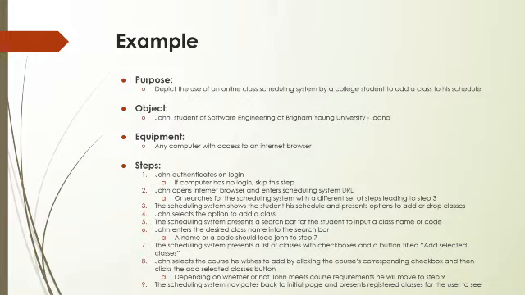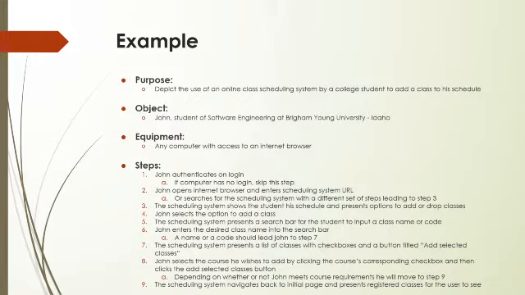The object, or focus of the scenario, will be John, a student of software engineering at Brigham Young University, Idaho. The required equipment for this scenario will be any computer with access to an internet browser. The steps, or procedure of this scenario will be as follows.